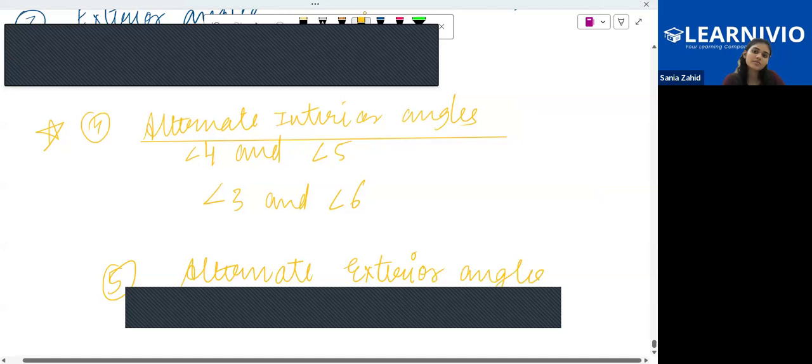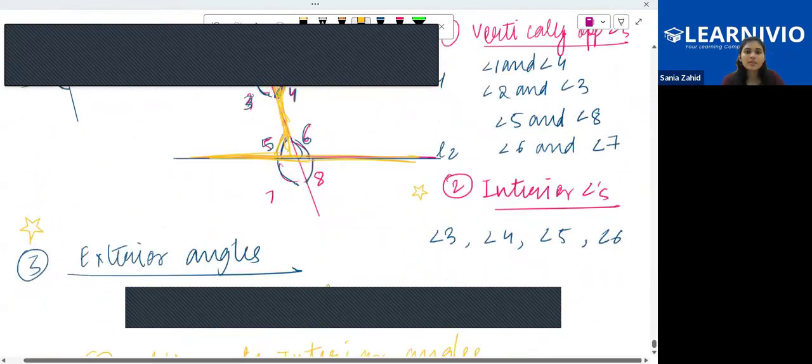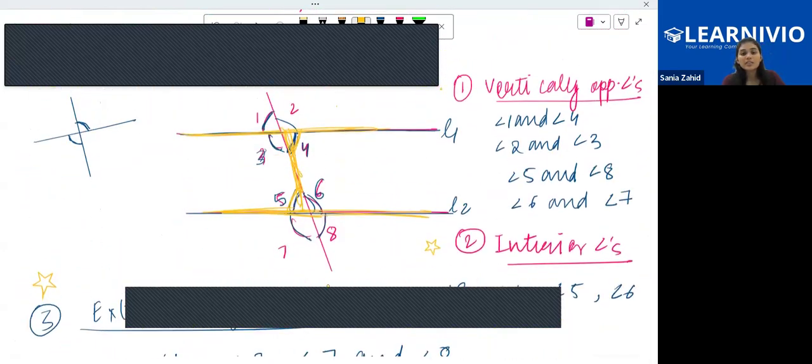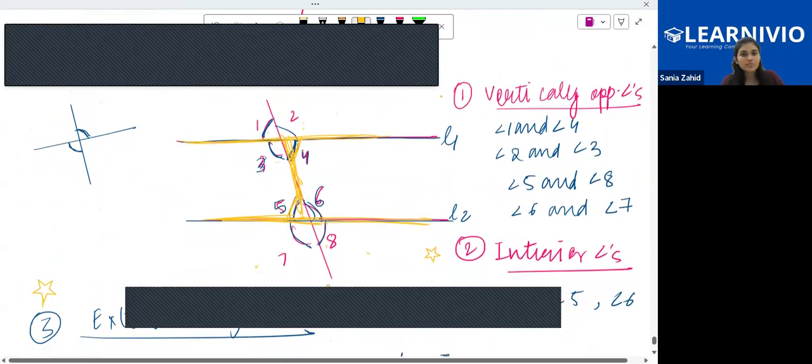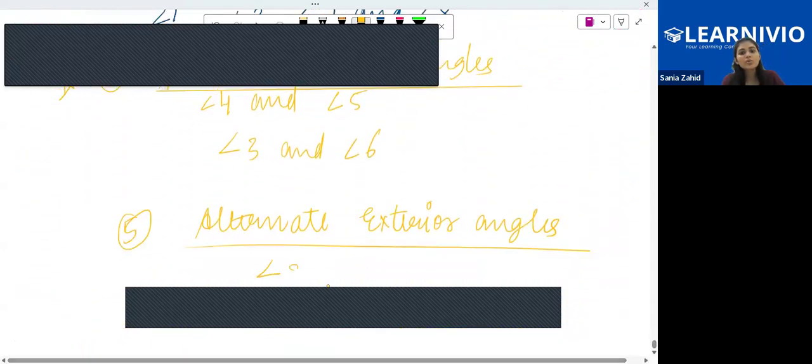Now we come to alternate exterior angles. What are alternate exterior angles? Look at the exterior angles. We have 1, 2, 7, and 8. Out of these, basically the alternate angles. Like angle 4 was alternate to angle 5, angle 2 will be alternate to angle 7.